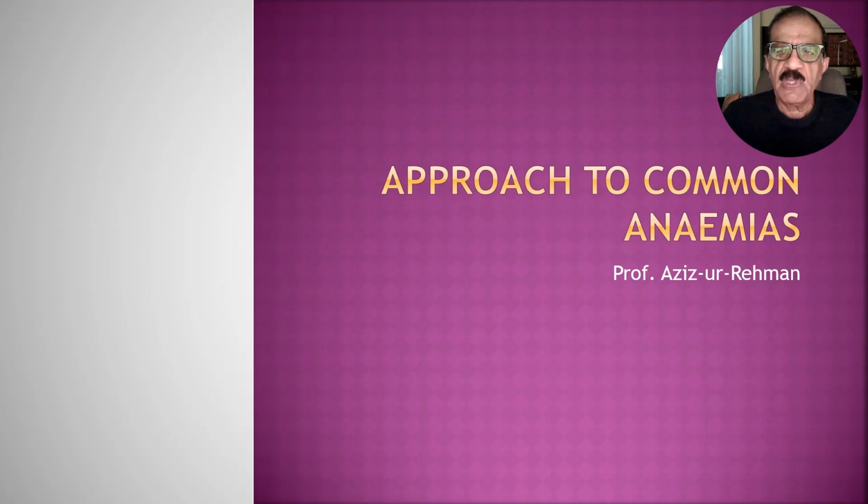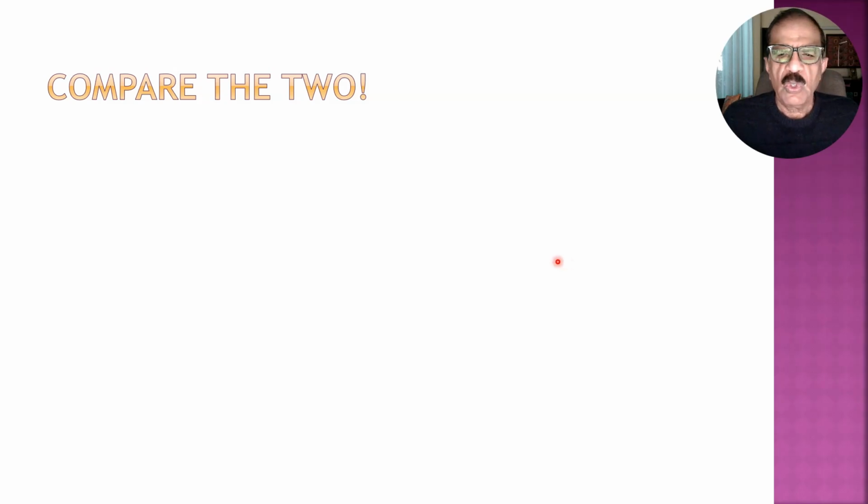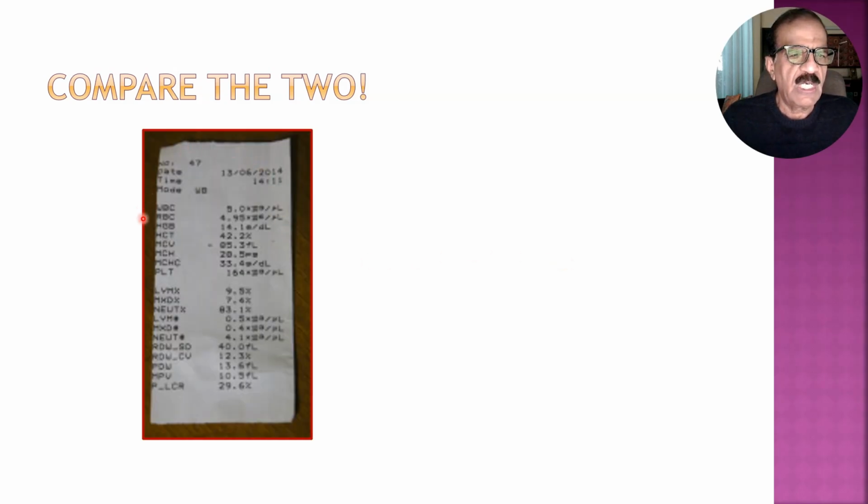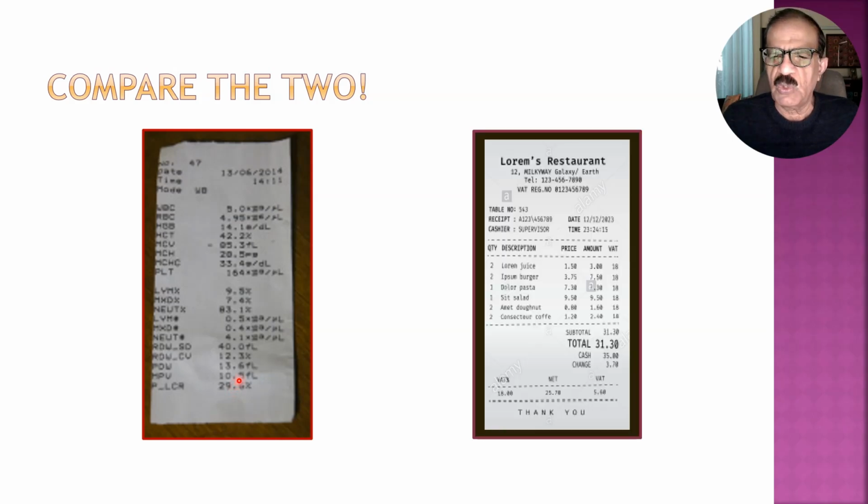This would particularly emphasize the value of the CBC test, which is commonly done and is not given due importance, but it has a wealth of information if you examine it carefully. So compare these two. This is the CBC, which has a wealth of information, and this is as unimpressive and as unflattering as the invoice you receive from the grocery store.